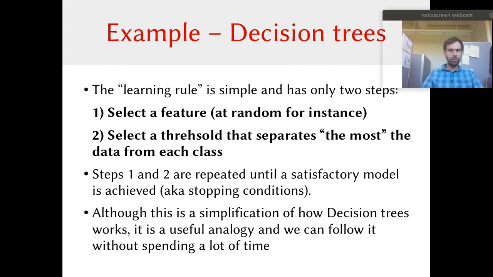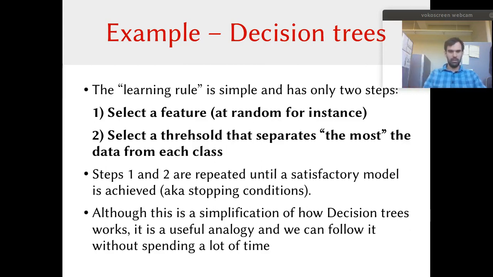Of course, the algorithm itself is built with a real definition of what it means by the most. If we want the details, it includes the Gini index. It tries to maximize the Gini index, and the Gini index tends to separate the two. If you are not familiar with that, or you are not interested in that, just try to have a rough, intuitive idea of what is the most.